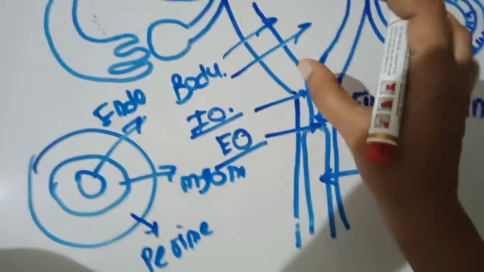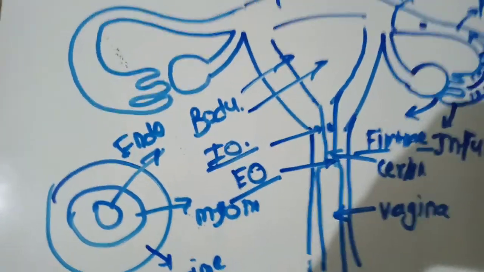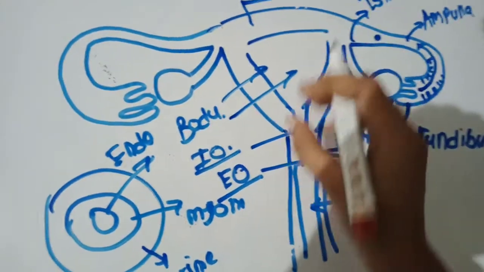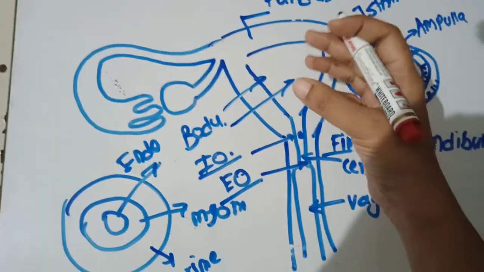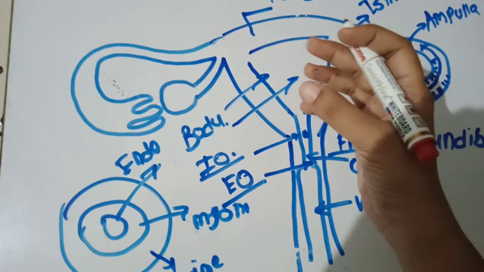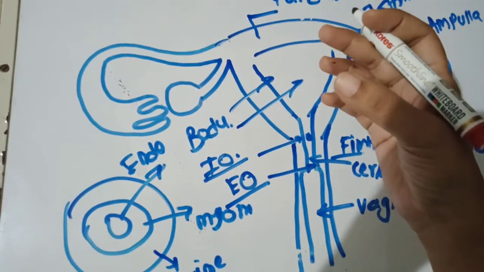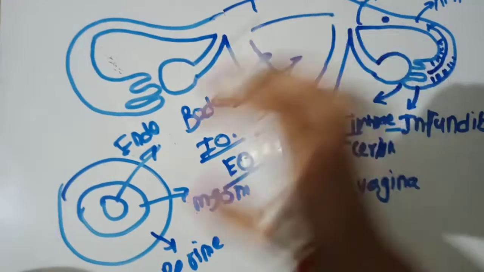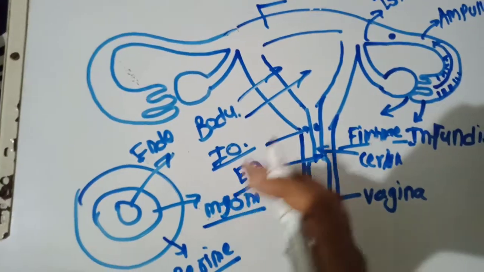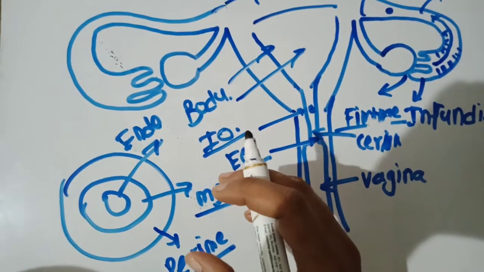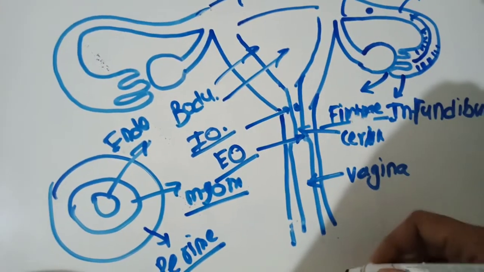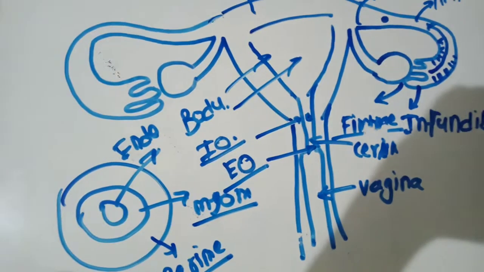Basically it's a hollow muscular pouch. When the baby gets implanted, and at the time of delivery, the parturition time, the perimetrium and the myometrium start contracting, and because of the contraction, the baby gets pulled outside. So that is how it works.